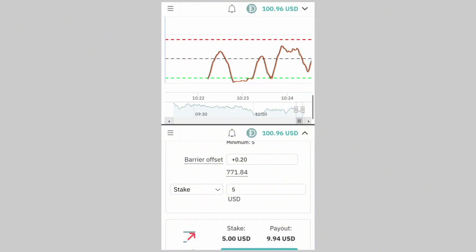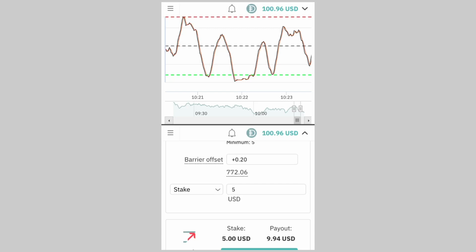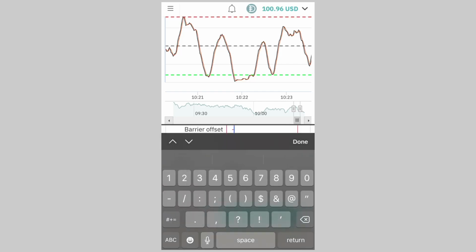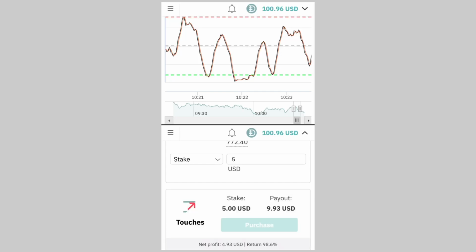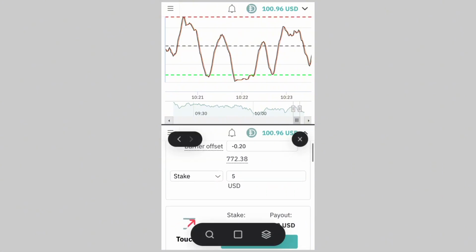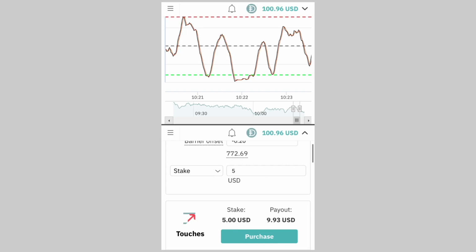For a short trade, once you see a sell trade signal, all you're going to do is remove the plus and put your minus 0.20. It's going to be stressful on your Android or iOS if you are using a single phone. It's much less stressful if you are using a system which enables you to open multiple tabs.